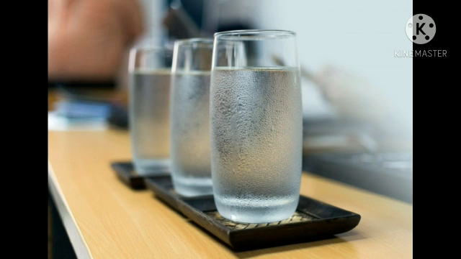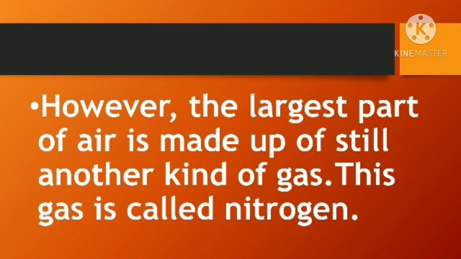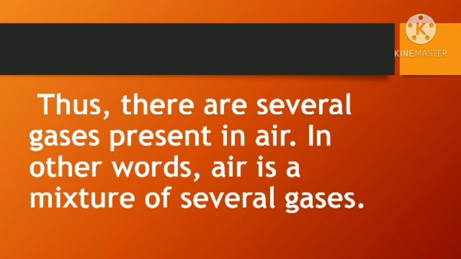You have seen that when you place ice in a glass and it becomes very cold, droplets of water settle on its outside. It means that water too is present in air in the form of a gas. However, the largest part of air is made up of still another kind of gas. This gas is called nitrogen. Thus, there are several gases present in air. In other words, air is a mixture of several gases.